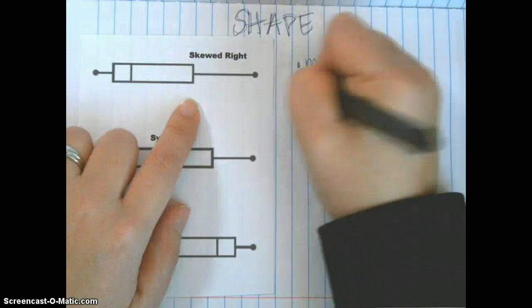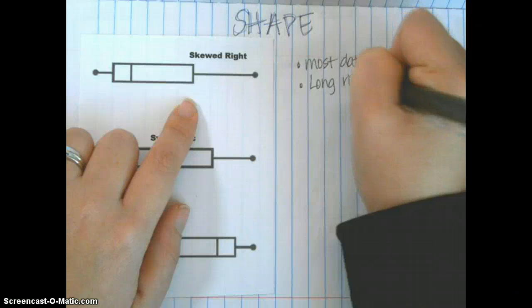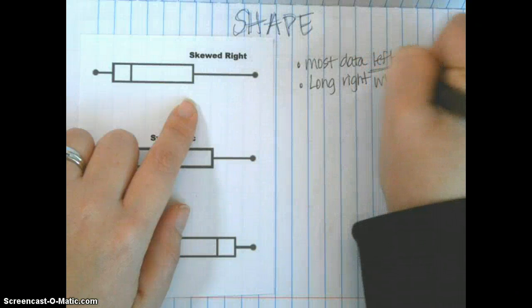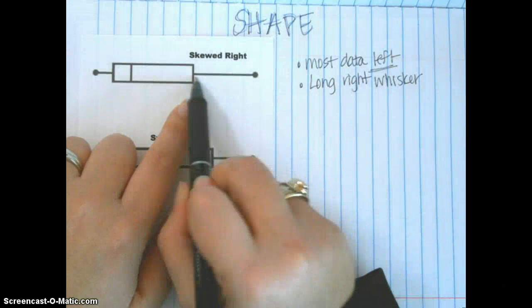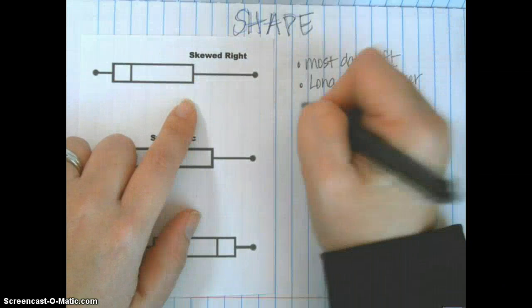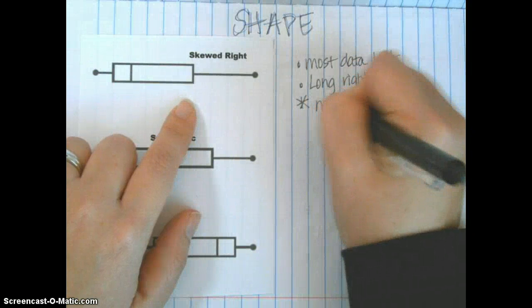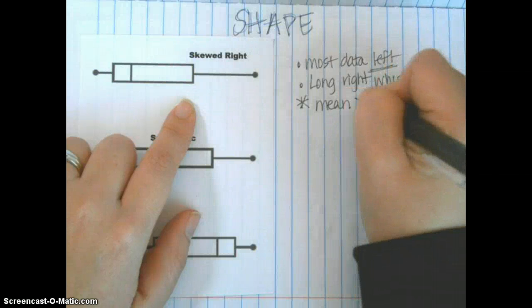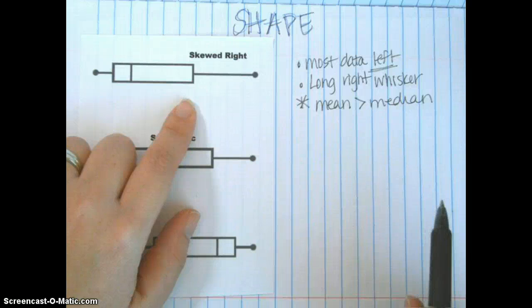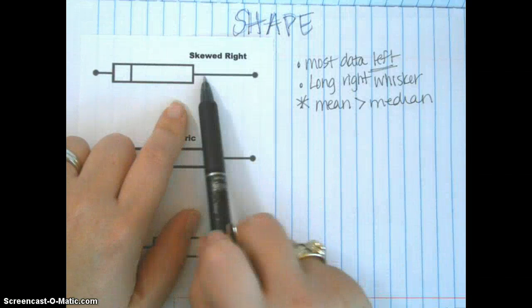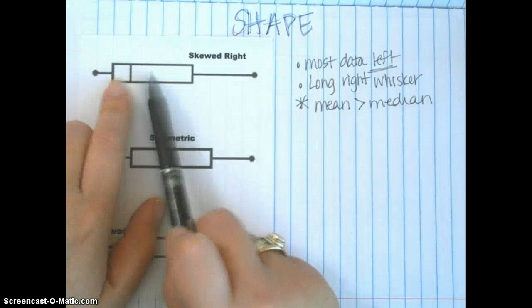It has a long right whisker. This is just a description. Because it's skewed to the right, it has this long right whisker. And then the vocabulary piece for this one is the mean is greater than the median. The skewed part is going to pull the mean to be greater than the median that's way over here. It's going to pull it up.